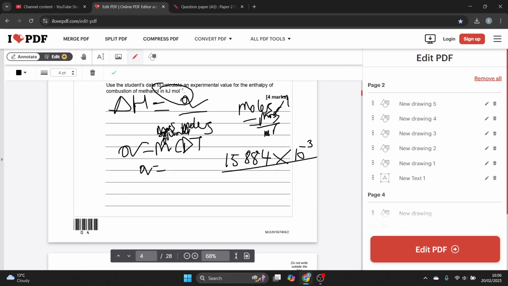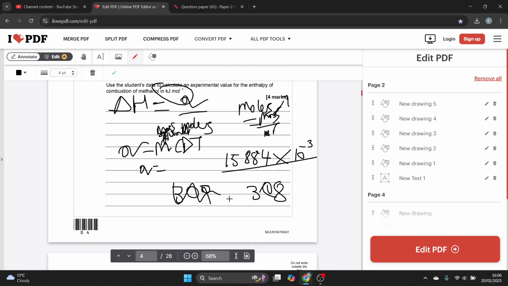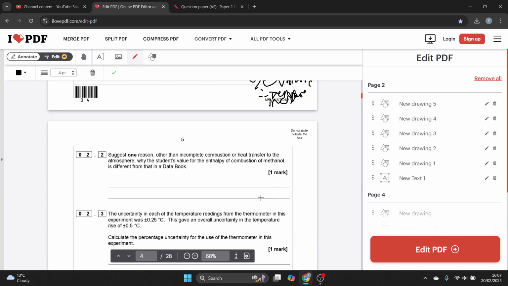Get the moles, and then do 15,884 times 10 to the power minus 3 divided by the number of moles, and then I get delta H as 309 or 308.05, 308. But the temperature increased, therefore it's going to be negative because it's exothermic. So find out Q, mc delta T, find out moles, delta H is Q divided by moles, use the correct units and you get minus 308.